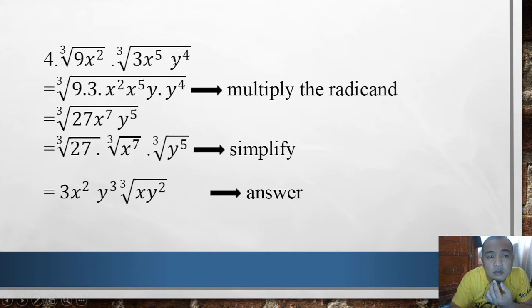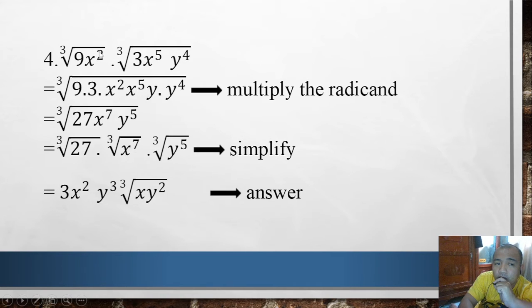Wait, there should be a y there. What was the given? Maybe there's a y here too. If there's a y there, it makes sense that there's a y here. So I cannot edit this anymore. I think this is in picture form.